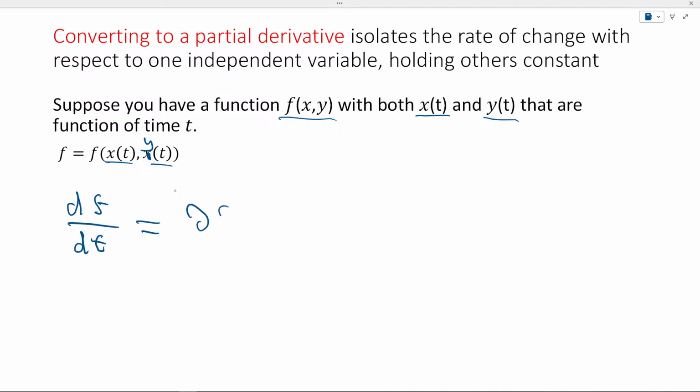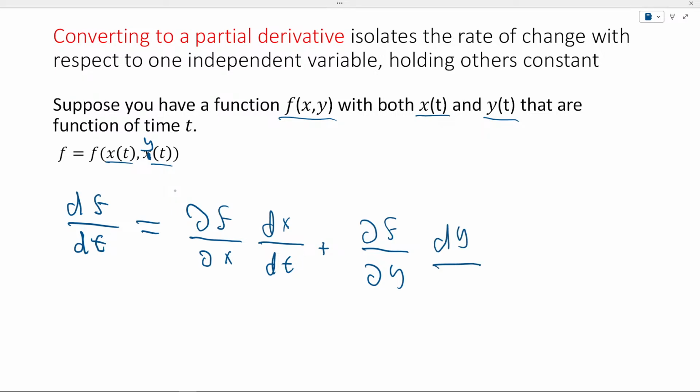So I can basically say this: the partial derivative of my function with respect to x times the total derivative of x with respect to t, plus the partial derivative of my function with respect to y times the total derivative of y with respect to t.